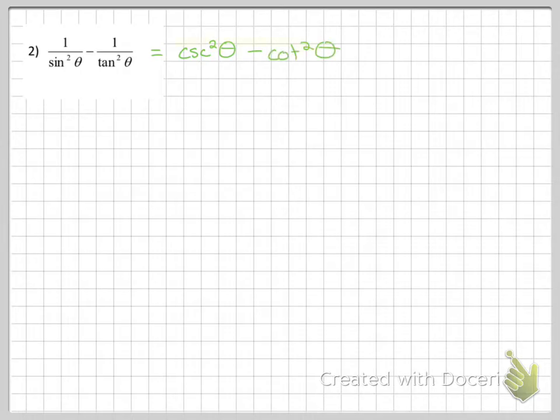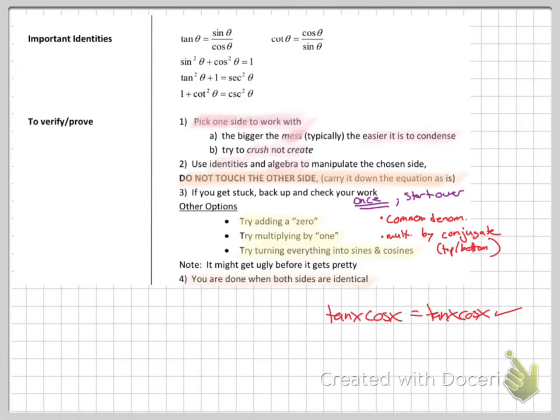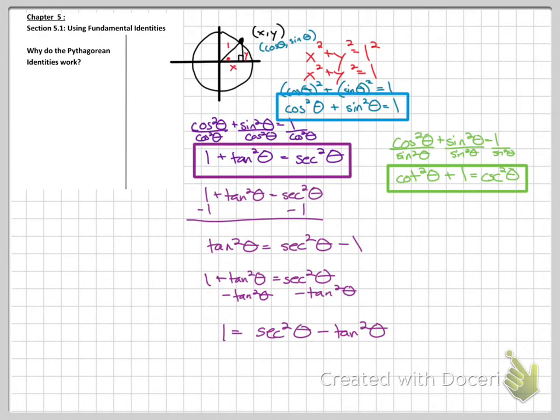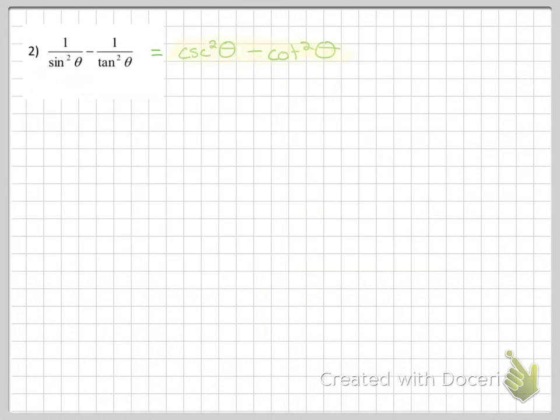Is there anything on your cheat sheet that we can replace cosecant squared theta minus cotangent squared theta with? So that is the green equation, right? Cosecant squared minus cotangent squared just ends up being 1. So we simplified the original down to 1.